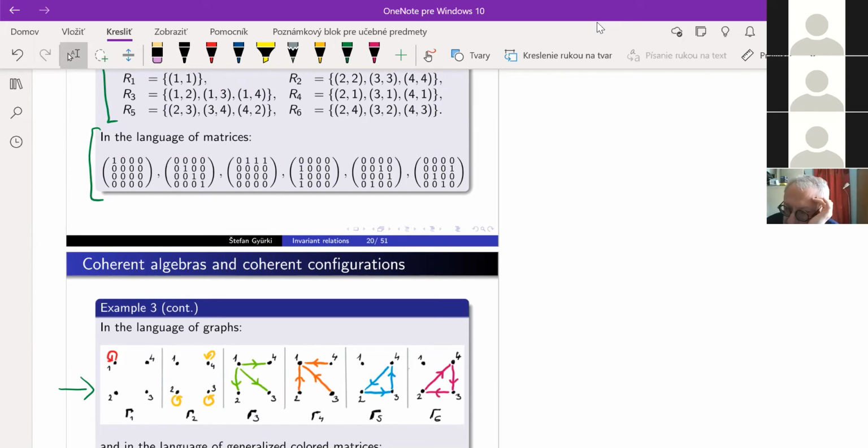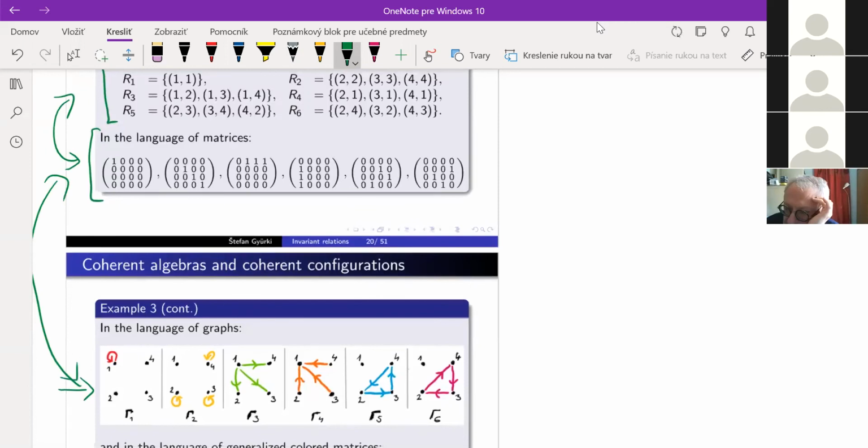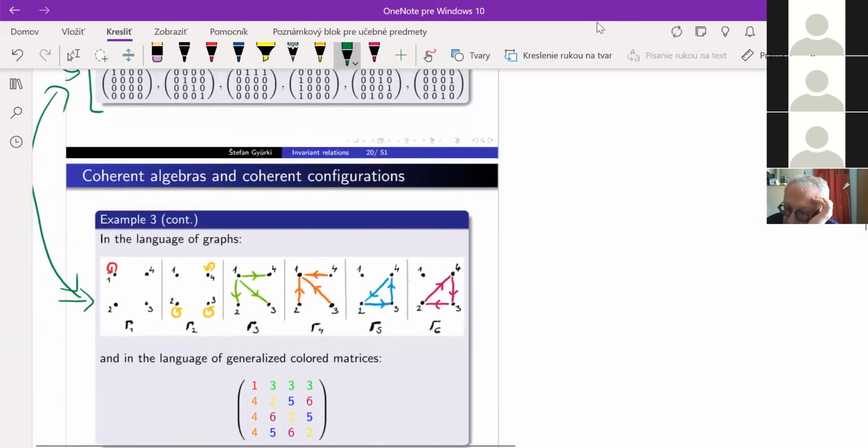So you can see the correspondence between relations, adjacency matrices, and also adjacency matrices and graphs, etc. And the generalized Cayley matrix corresponding to this coherent configuration looks like this.